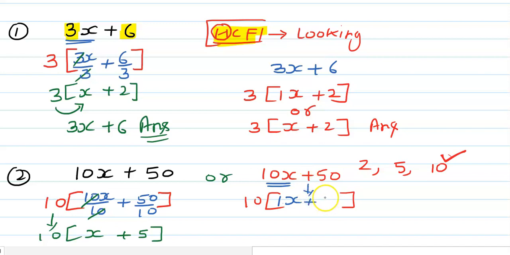Which number should you write here so that on multiplication you get 50? Definitely it is 5. 10 times 5 is 50. So 1 we don't write in algebra, and you can write down x plus 5. I have explained two methods, and you can use whichever one you like. In both ways, the answer is the same.